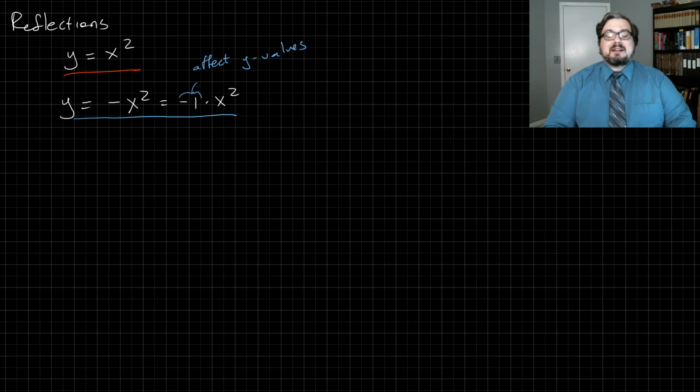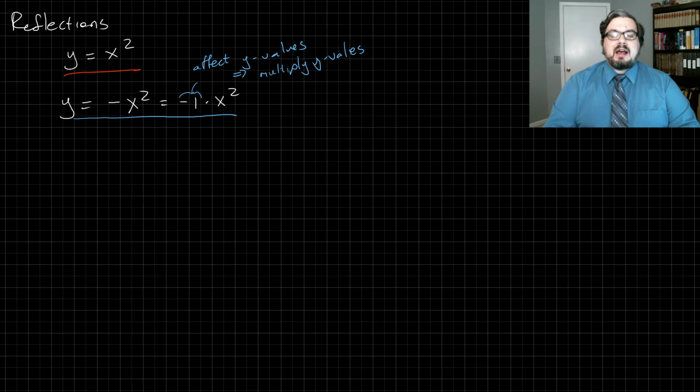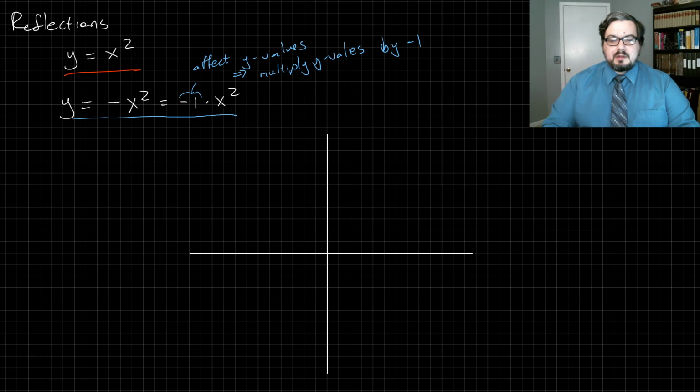It's going to affect the graph vertically, the y values of the points on the graph. And in particular, this means that we're going to multiply the y values on the graph by negative 1. So let's see what that's going to do.